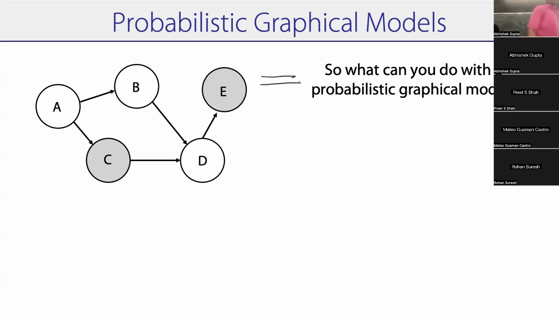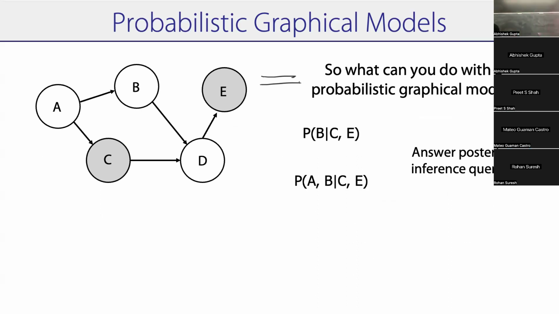What the graphical model lets you ask is, what is the likelihood of B being a particular value given I know what C and D are? Right? And so it lets you ask queries about conditional probabilities. What is the likelihood of B given evidence C and D? Or what is the likelihood of A comma B given the evidence C comma D?